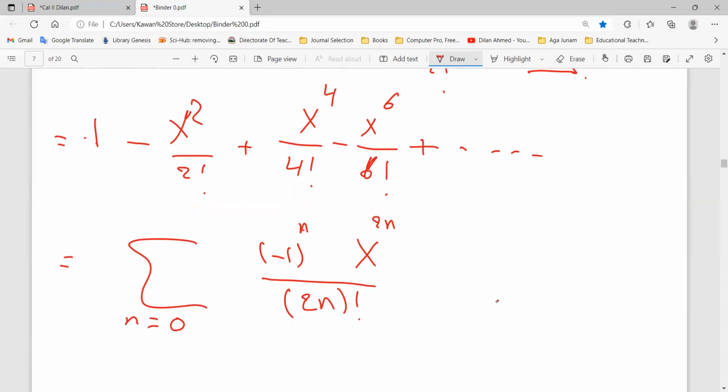And that will give me 0 factorial, which also gives me 1, right? 1 over 1, the first. The second, when n is equal to 1, that one will be negative, and that one will be x to power 2, and that one will be 2 factorial. So it's good, and so on. So you see everything is in its place, right? And there is no problem. You got it? Good.